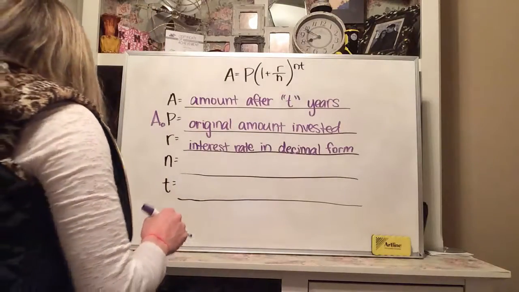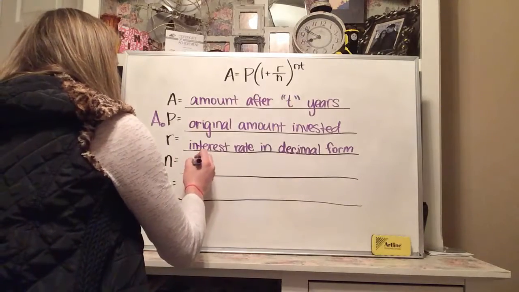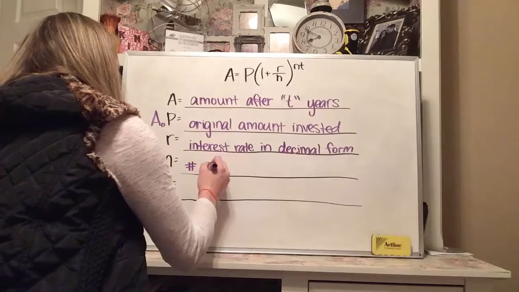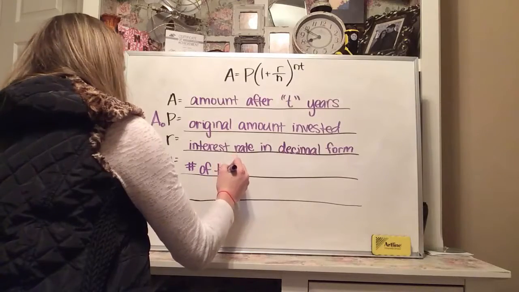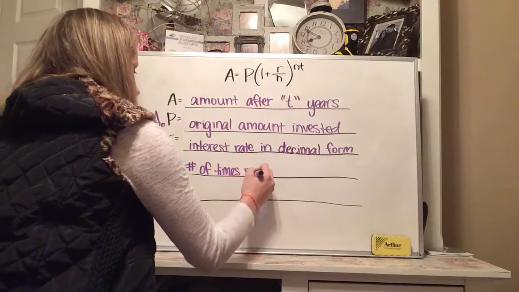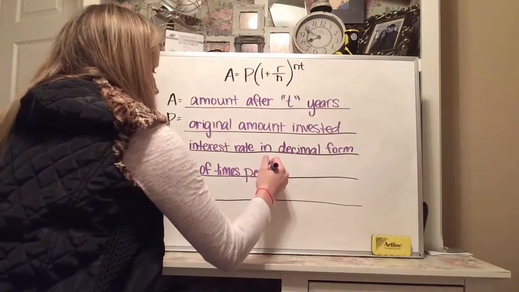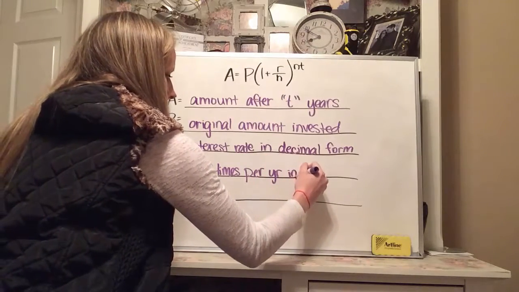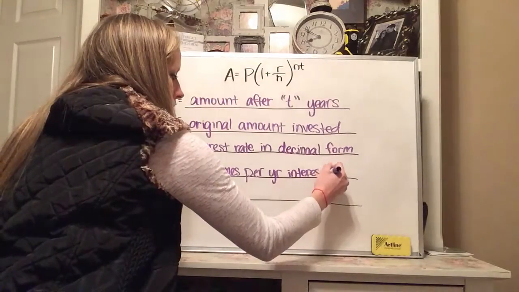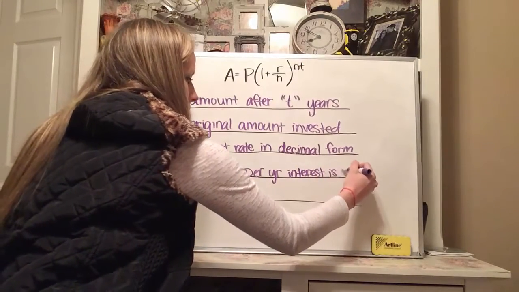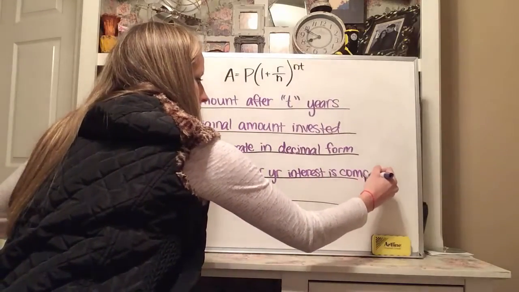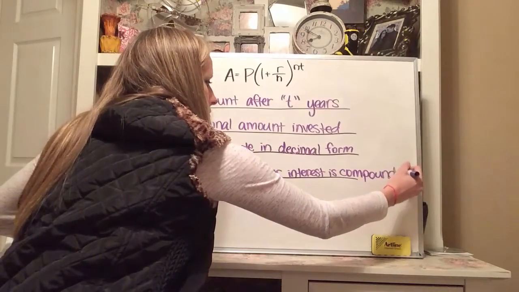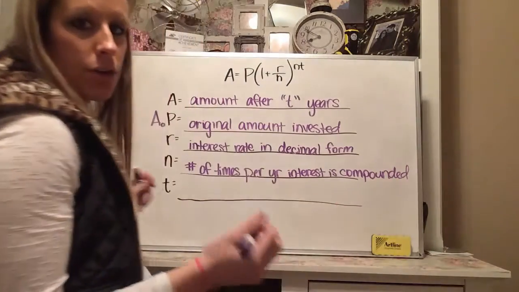All right, the N stands for the number of times per year the interest is compounded. And your problem will tell you.